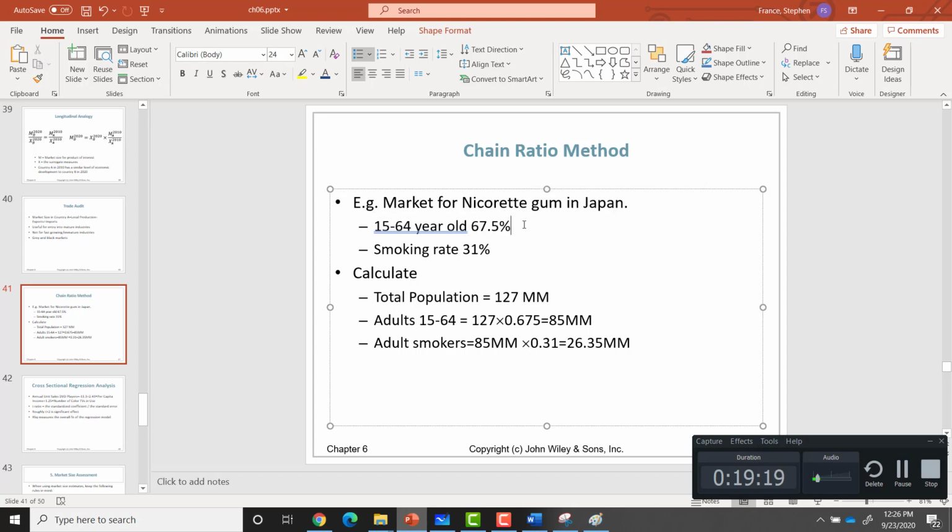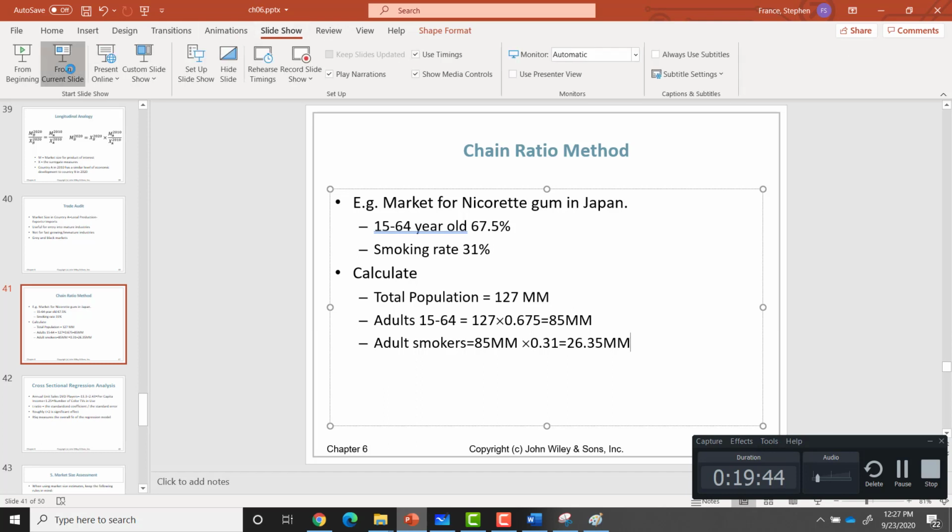However, of this 67.5% of the population, only 31% of these people smoke. So we first get the adults, taking 15 as an adult, and then we get the proportion of these people who smoke. Literally, we take the population, work out the number of adults, and then work out the number of smokers. I won't even do this separately because this equation is so easy.